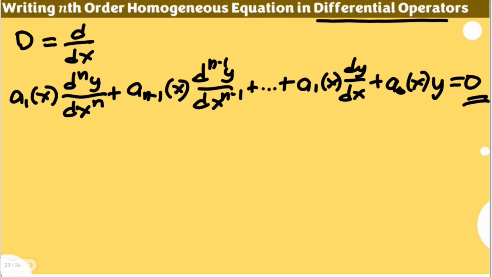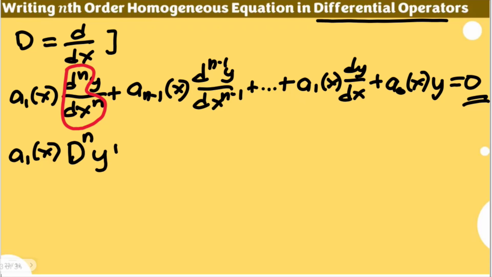What we need to do here is we're going to let all d over dx be expressed in terms of the differential operator. That would mean we will have here a sub n of x, then we take this portion, so you will have the form D, but take note it's the nth order, so you have D to the power of n, and you have here your y.